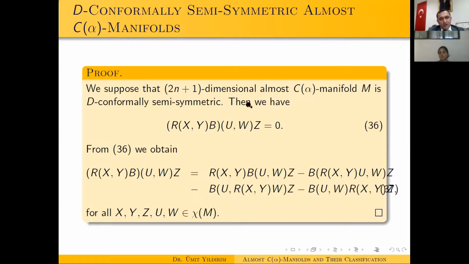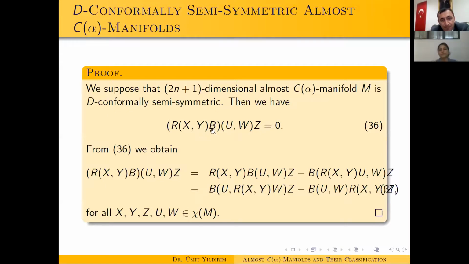Proof. We suppose that the 2n+1 dimensional almost C alpha manifold M is D-conformally semi-symmetric. Then the semi-symmetric condition is R X Y B equals 0.